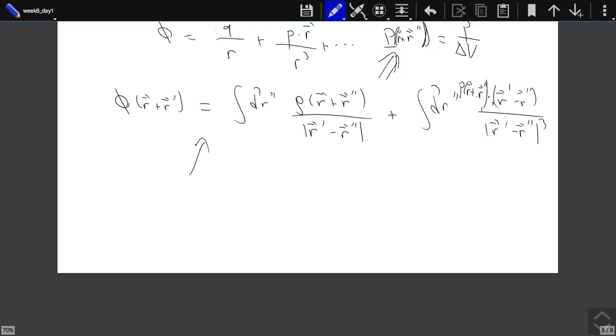So r prime is never equal to r double prime, because r prime is inside my volume and r double prime is outside my volume. r prime is constant. r double prime is constantly changing over all my matter. But r double prime is never inside my volume V prime.